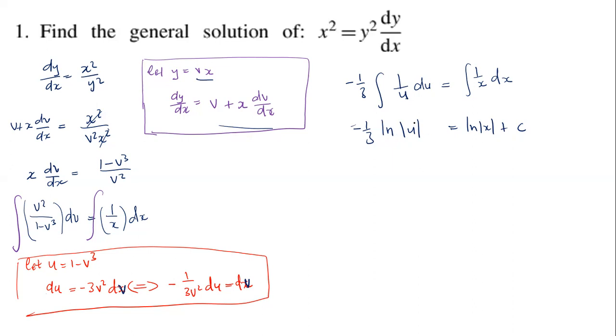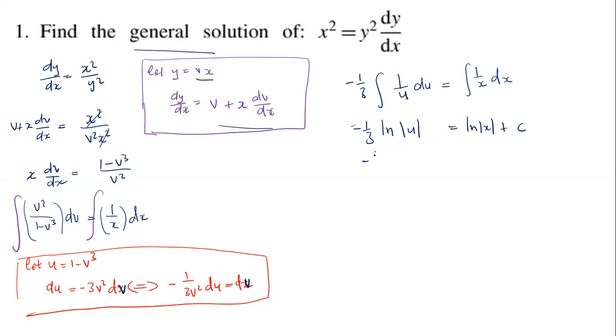And therefore, remember, we are not looking for our general solution in the form of u, but in the form of x and y. Remember, we have already mentioned that you can also introduce your constant as ln x if you want to determine your general solution explicitly, where you would make y the subject of the formula. But to just determine the general solution, we can end here, where we're going to have to substitute u to v, and therefore from there to y.